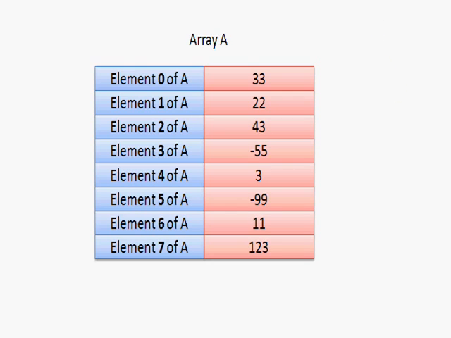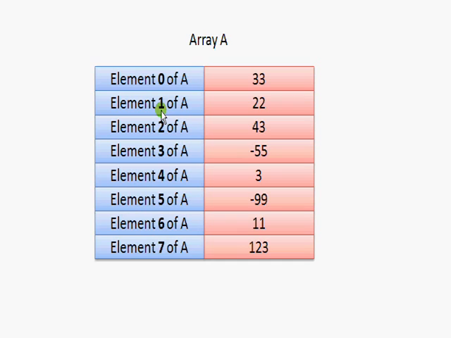Now, this blue part is just for clarification. This indicates the location of each variable in the array, and the location usually starts from 0, as you can see here. The next one is 1, and so on.